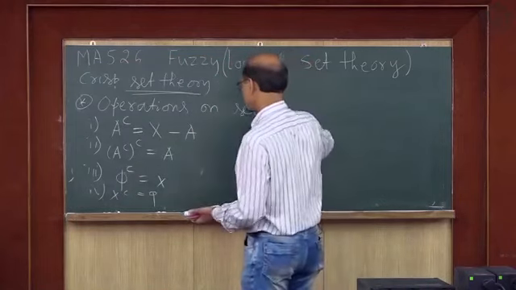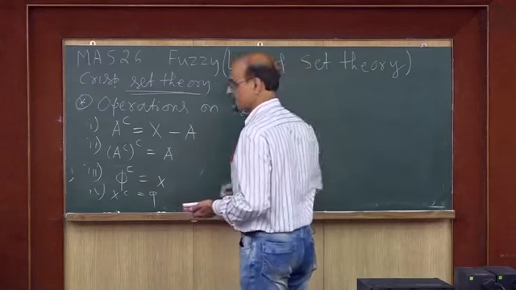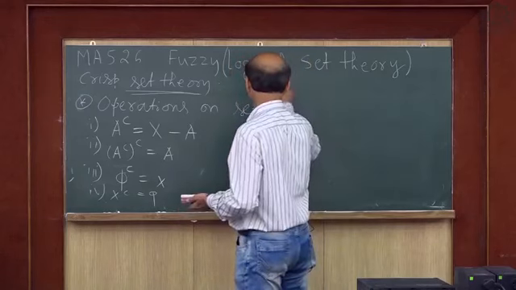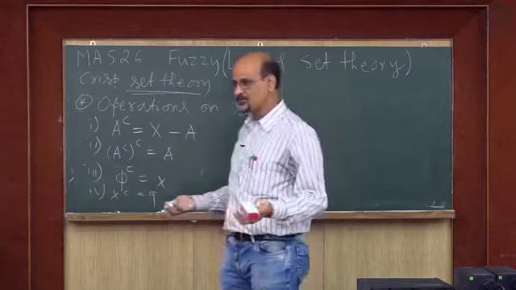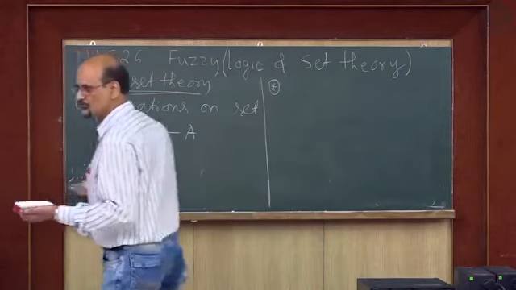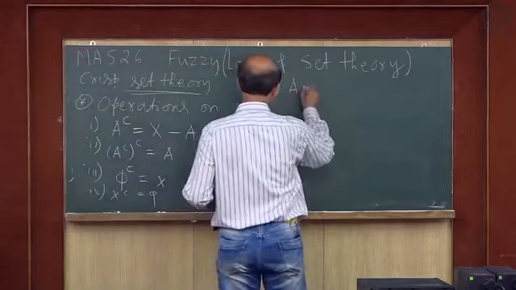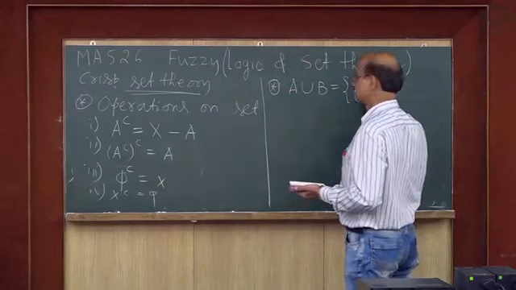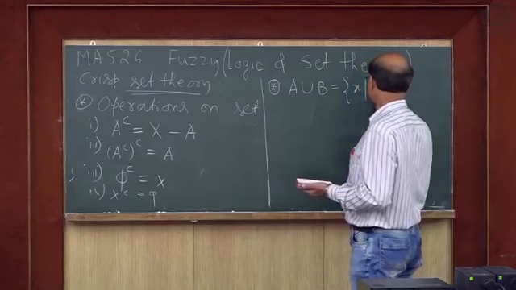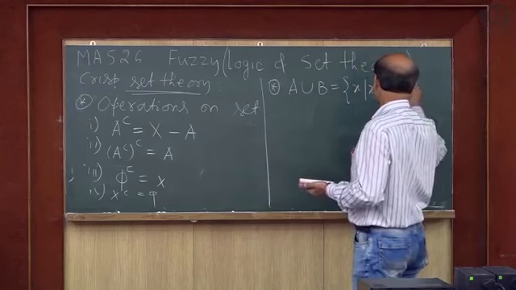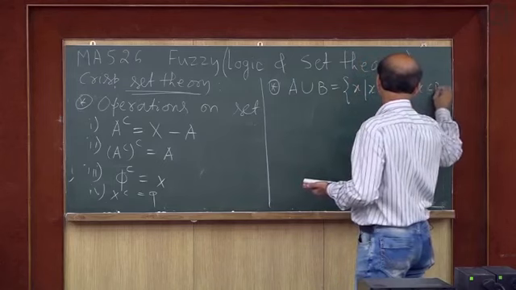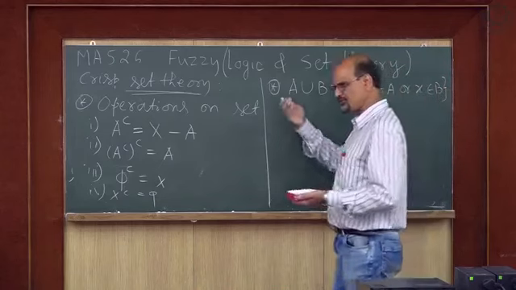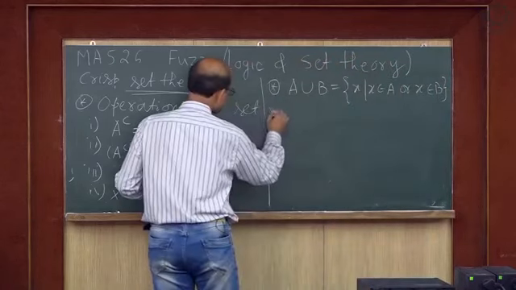So, we have other operations, union and intersection. You define A union B, if I write in set builder form, as the set of X such that X belongs to A or X belongs to B. These are all very simple, you know them from class 8 nowadays.